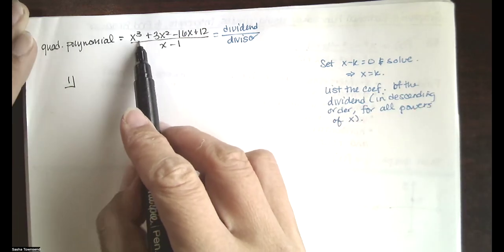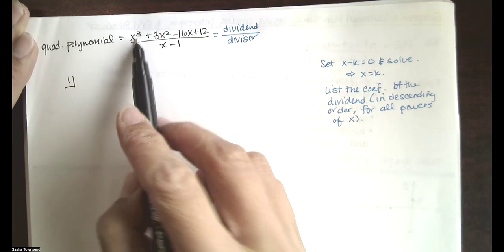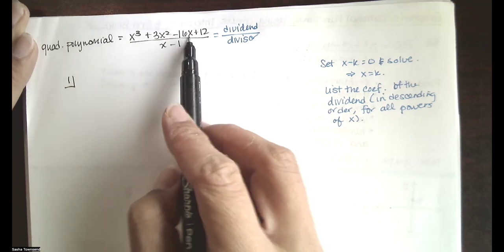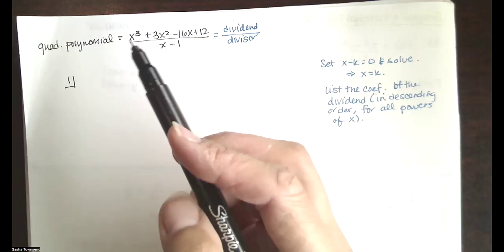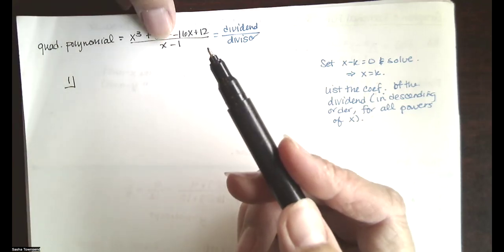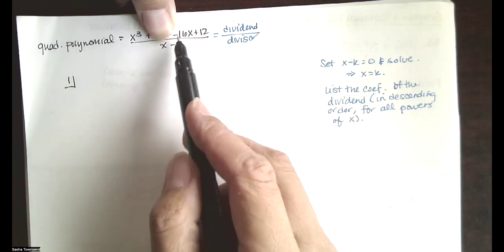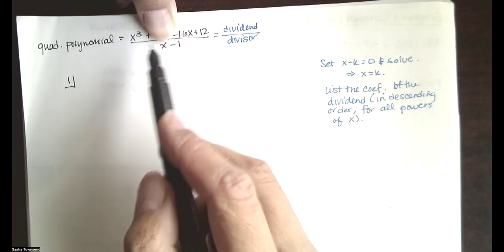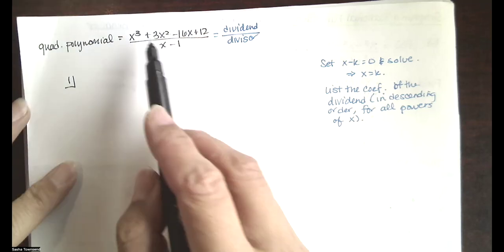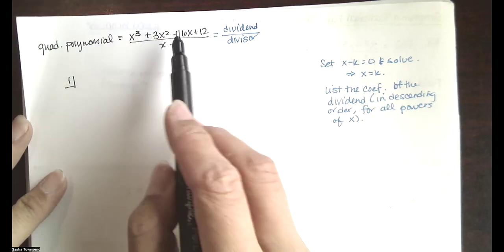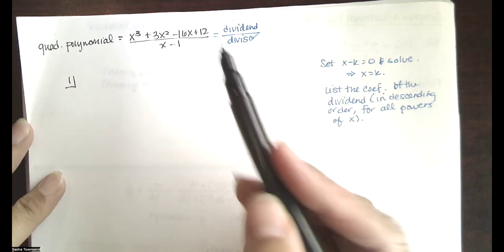So you have a cubic polynomial here. So you need an x cubed term, an x squared term, an x term, and a constant term. If you didn't have one of those on your list, you'd have to add in a 0. So if there was no 3x squared here, and I was missing an x squared term, I'd have to add a 0x squared. But this time we've got all of the possibilities from x cubed all the way down to x to the 0.